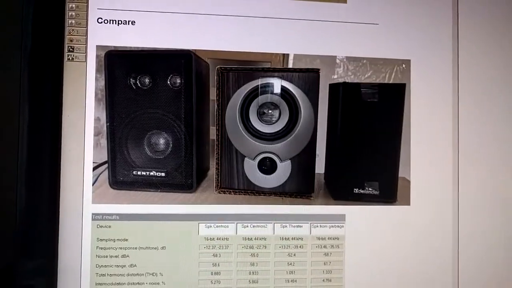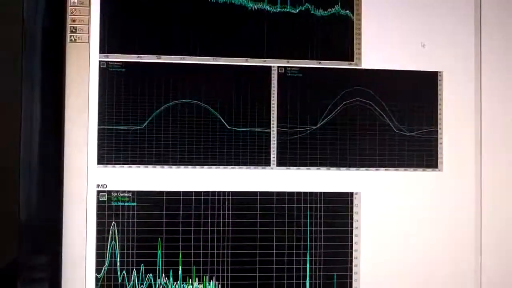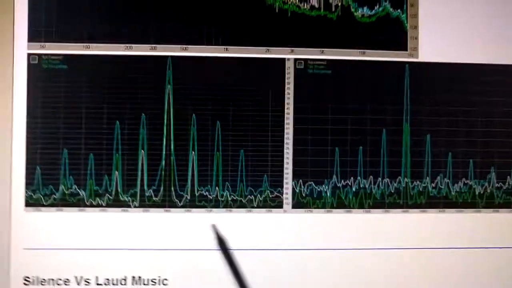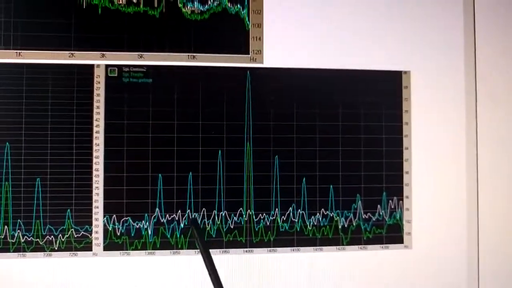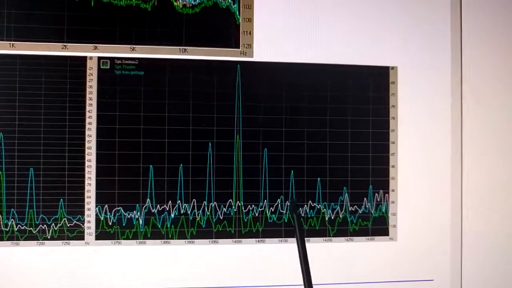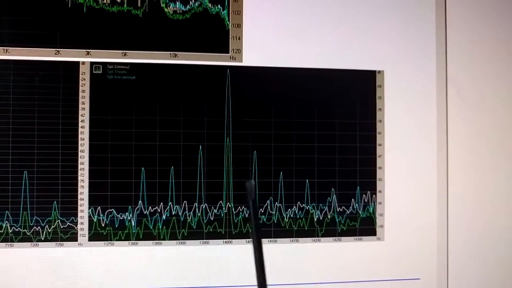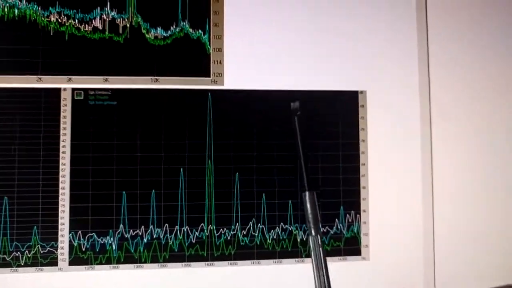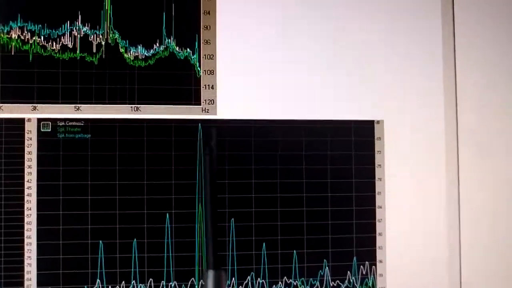So if you look at the graphs, this is the intermodulation distortion. The blue one has 3 speakers inside, and there is almost none. The green one has 2, and the other blue one has just 1 speaker. So now you see the distortion.